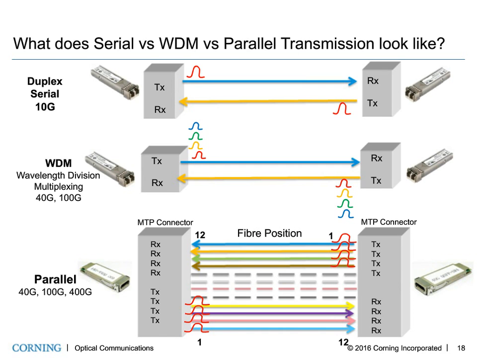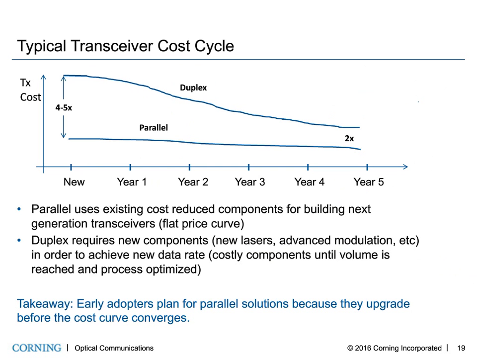And in talking to people, we found a pretty interesting dynamic. Like we said earlier, inherently, if you could do serial duplex, it would win long term. But what happened was, when I looked at 40 gig parallel, 10 gig components were extremely cheap at the time. So I could put a lot of 10 gig components in parallel and come out with a very cost-effective transceiver.